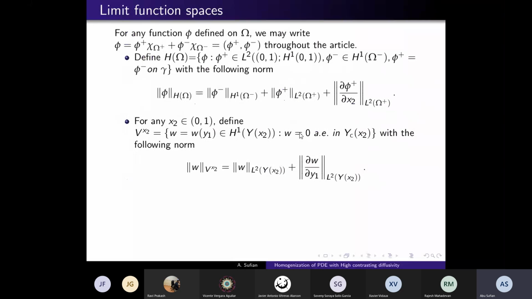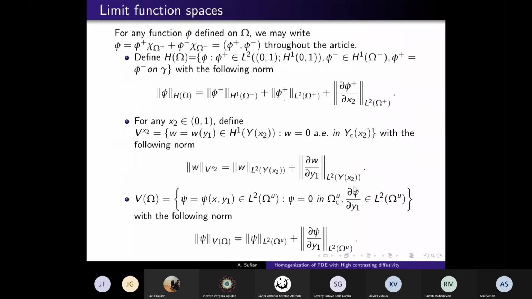So it is supported only on the projection corresponding to the insulating part, that is Y I x2. The norm on V x2 is given by the L2 norm of w on Y x2 plus the L2 norm of del w del y1 on Y x2.